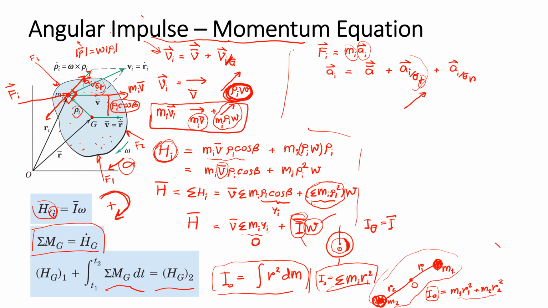So in this case, let's assume alpha is clockwise. The tangential acceleration is perpendicular to the rho. The normal acceleration does not depend on the direction of alpha or omega, but the normal acceleration always points to the center.